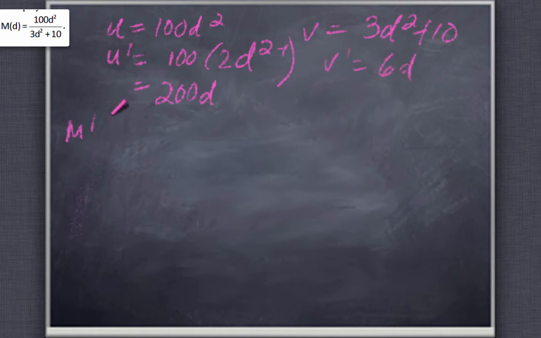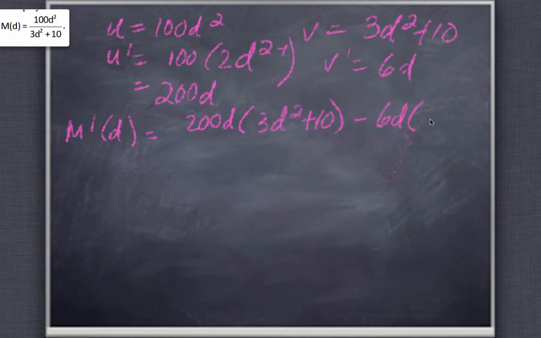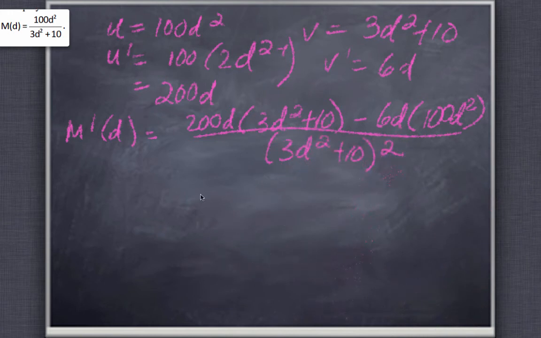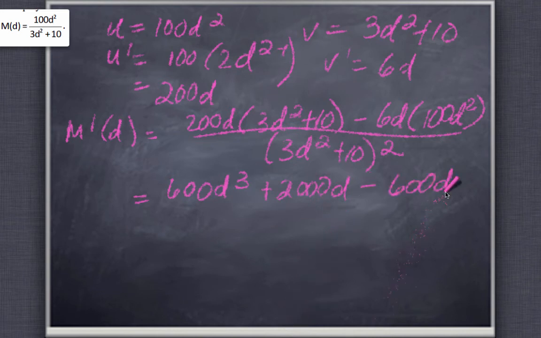So m prime of d is 200d times 3d squared plus 10 minus 6d times 100d squared, over 3d squared plus 10 squared, equals 600d cubed plus 2000d minus 600d cubed, over 3d squared plus 10 squared.